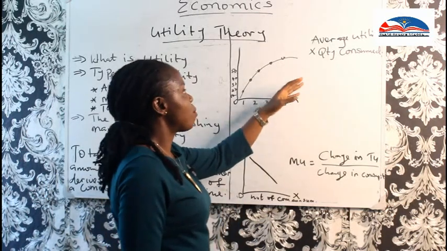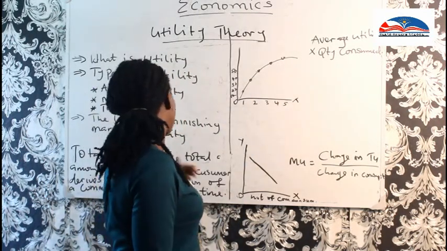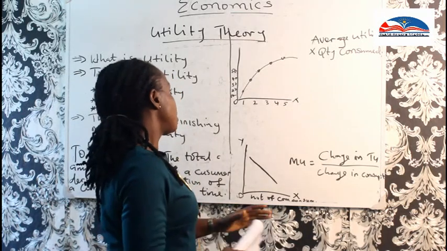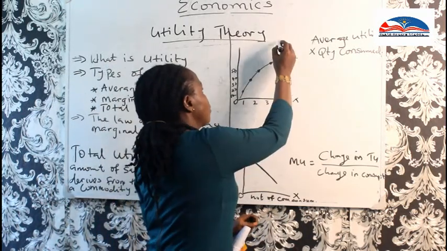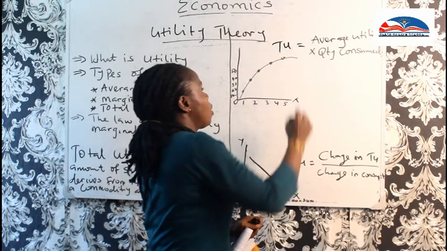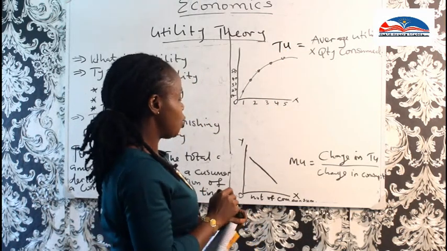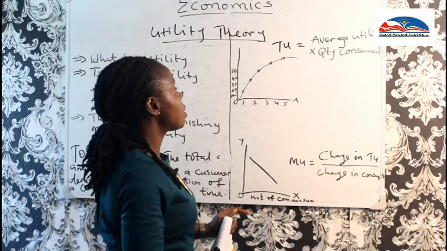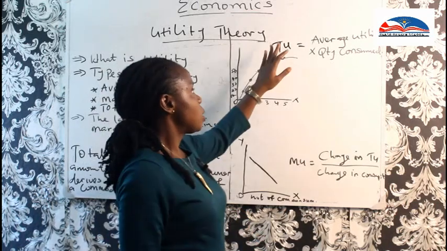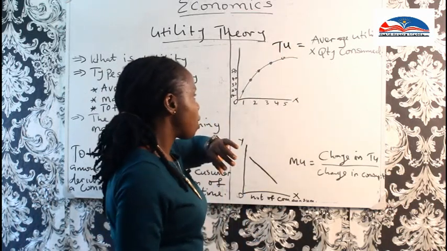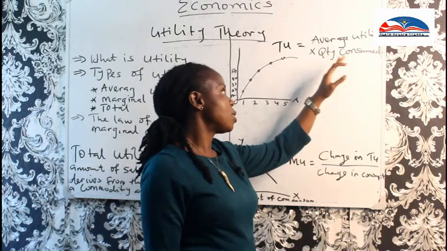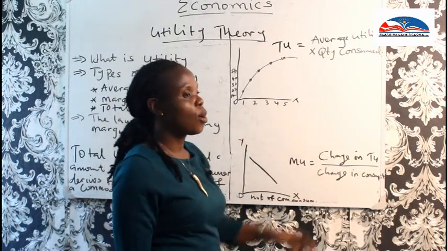Average utility times quantity consumed. So for total utility, TU equals average utility times quantity consumed. That is the formula for total utility: average utility times quantity consumed.